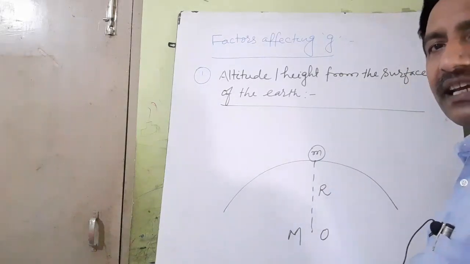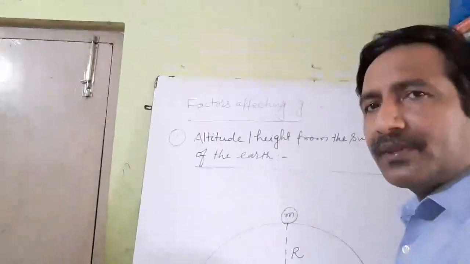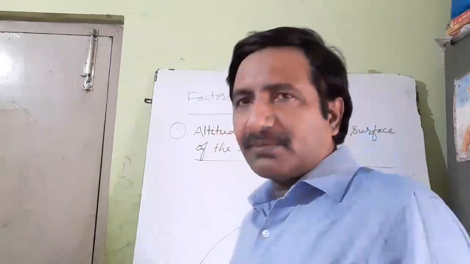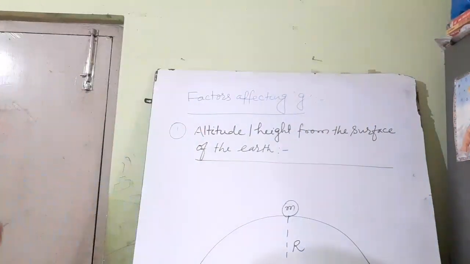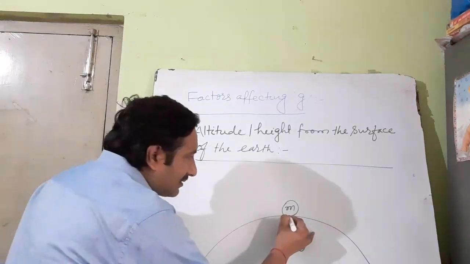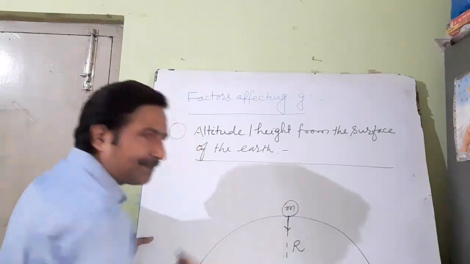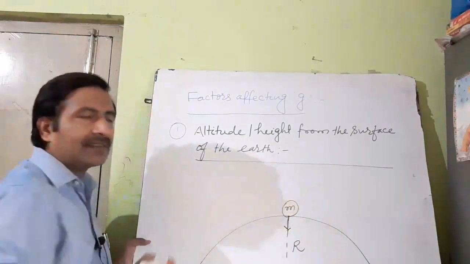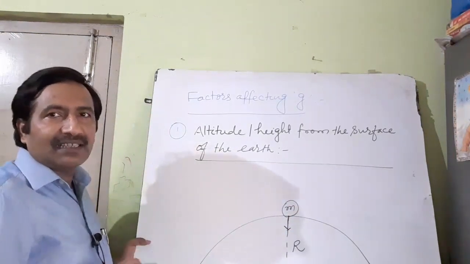Radius can also be taken as the distance between the 2 bodies. So r is the distance here. You can observe that here is the force due to gravity, means the gravitational force applied by the earth on the body at the surface.